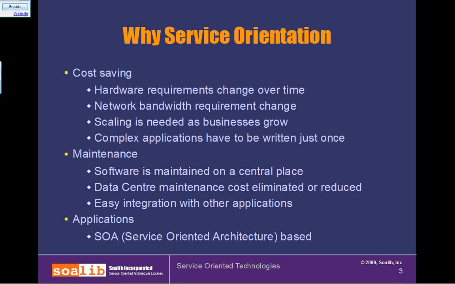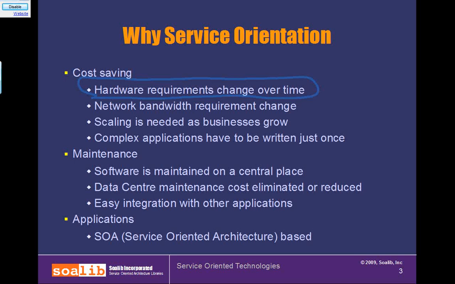Now, cost saving. What cost saving does somebody get when it comes to service orientation? Hardware requirements change over time. One of the important things is, as we see, every year we come up with new and powerful processors, new and powerful servers, bigger hard drives, bigger memory, and ever decreasing price of hardware.